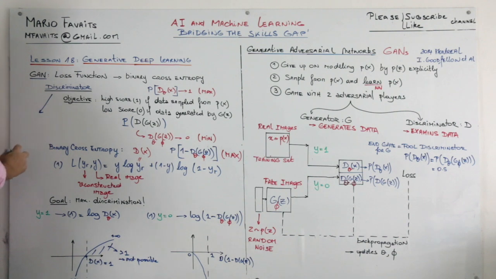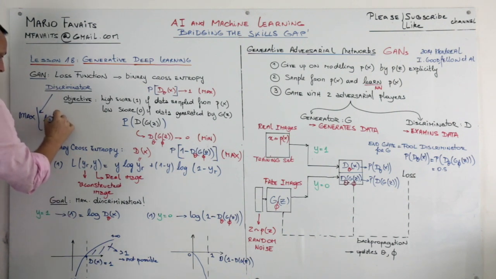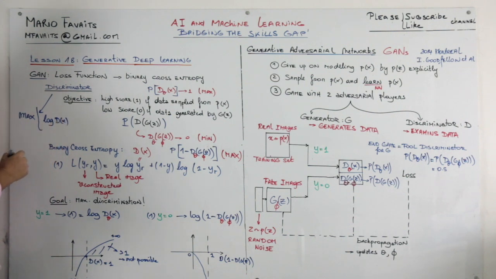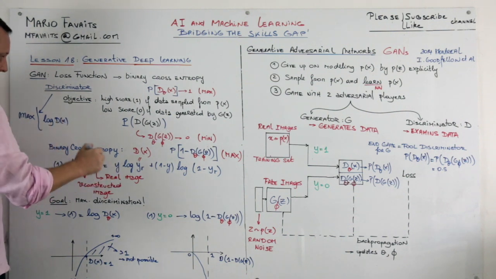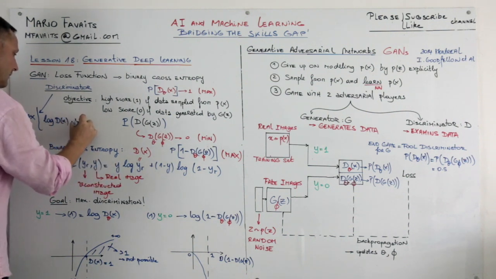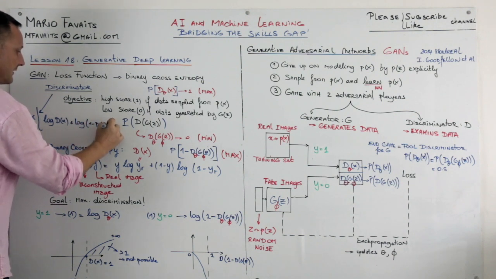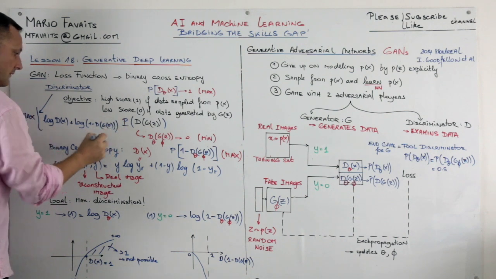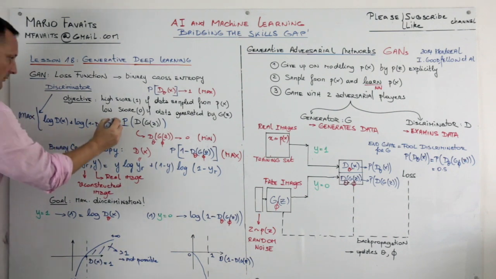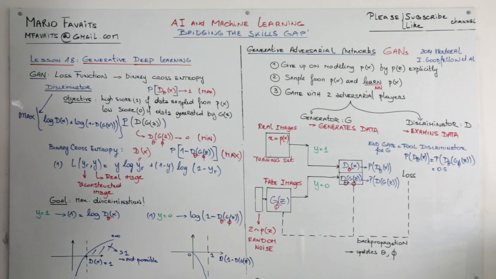For the discriminator, what we want to do is find the maximum of log d of x plus the log of 1 minus d of g of z. Alright? So this is what we want to maximize. This is what the discriminator wants to maximize.